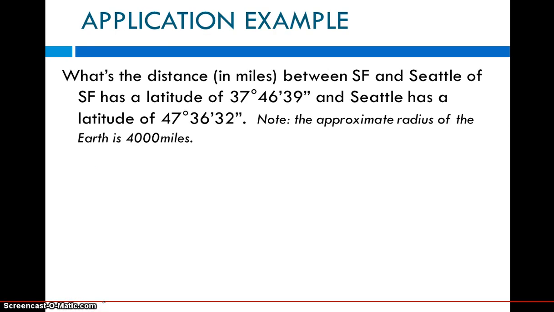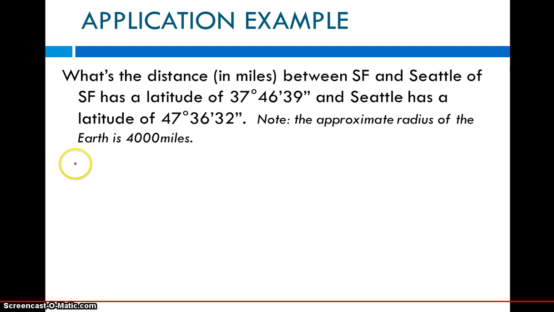Let's look at the last example. So what we want to do is find the distance in miles between San Francisco and Seattle. And we know that San Francisco has a latitude of 37 degrees, 46 minutes, and 39 seconds. And Seattle has a latitude of 47 degrees, 36 minutes, and 32 seconds. And what we know is that the Earth's radius is about 4,000 miles.